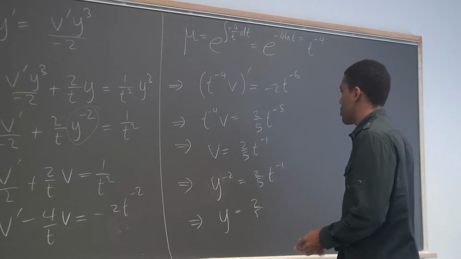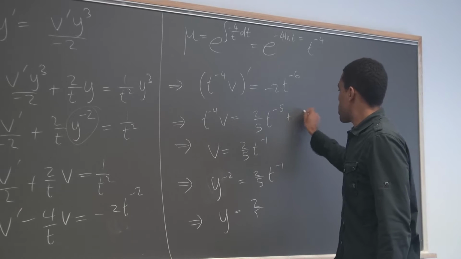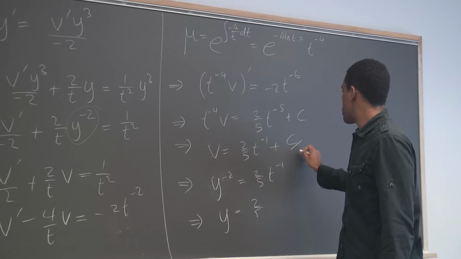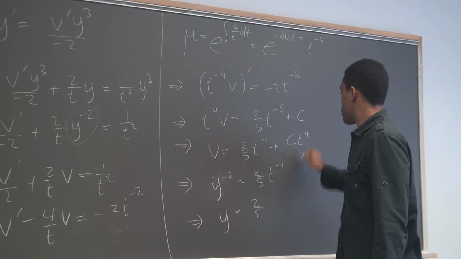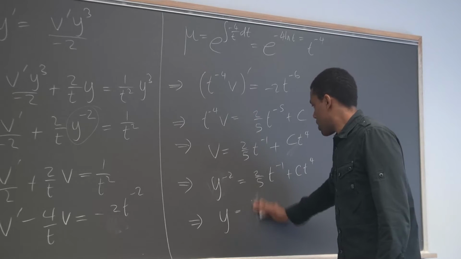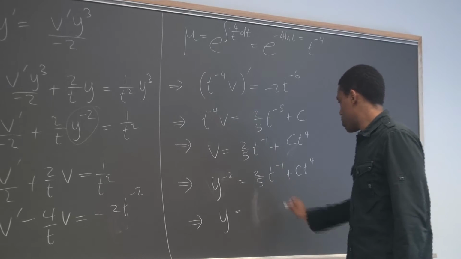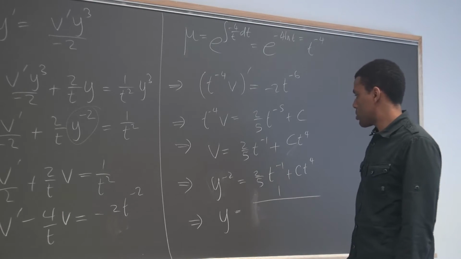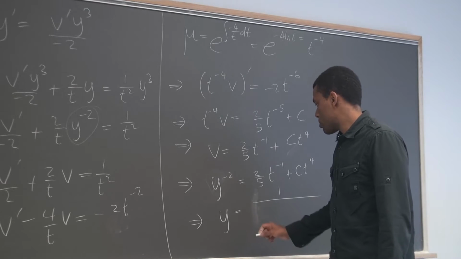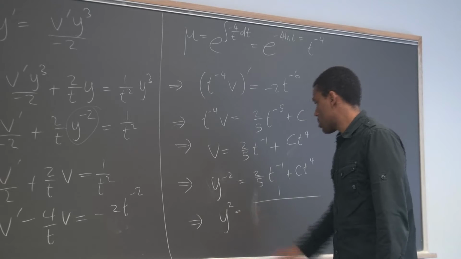Constant of integration here, which means here I have c over, well, c t to the 4th. And so this guy is equal to 1 over... I was taking a square root, let's leave this as a square.